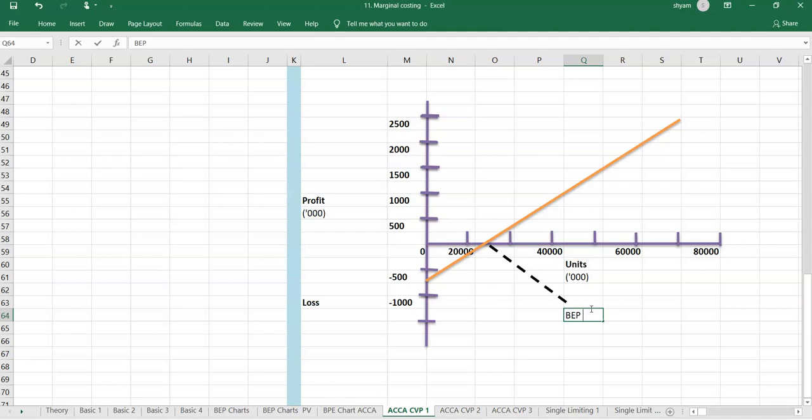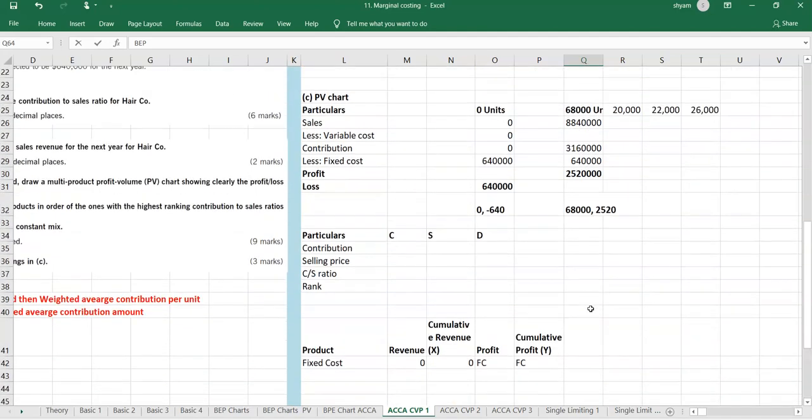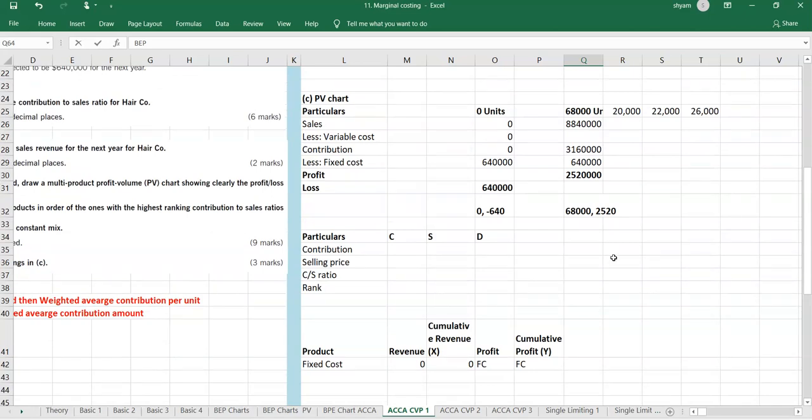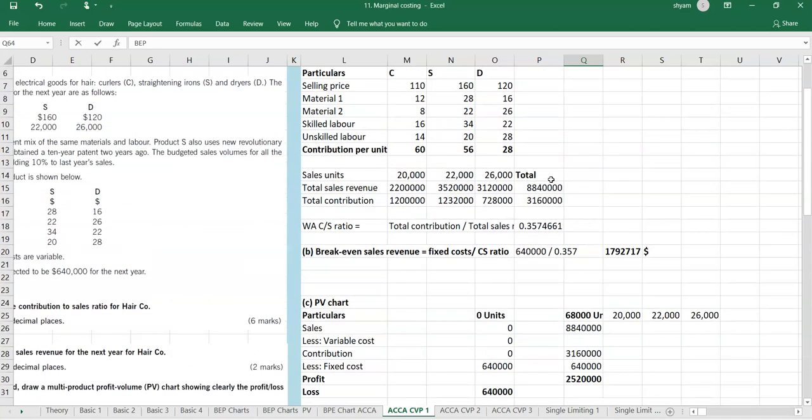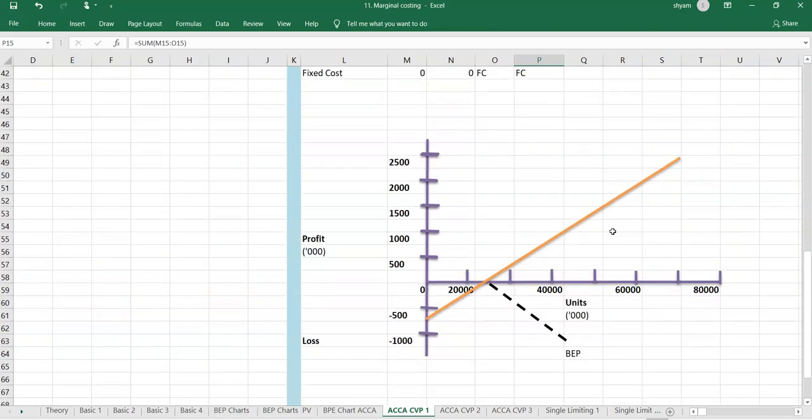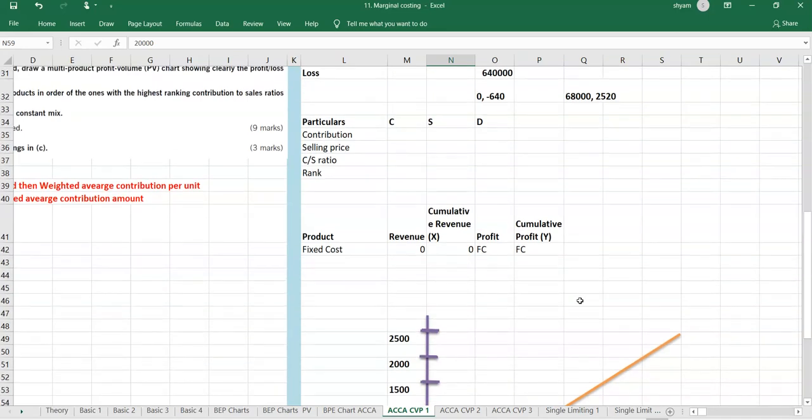That's only our wish. See, this chart should be shown only in sales. We can't put it in units. So we'll get the total.